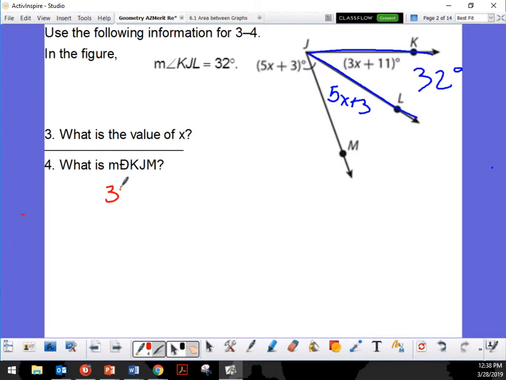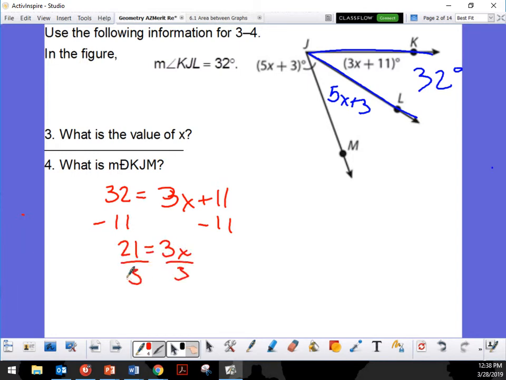So I know that 32 has to be equal to this also: 3x plus 11, because what's inside there has to equal the total amount. So go ahead, subtract 11. 21 equals 3x, divided by 3. 7. x is 7. So right here, this is going to be 7.